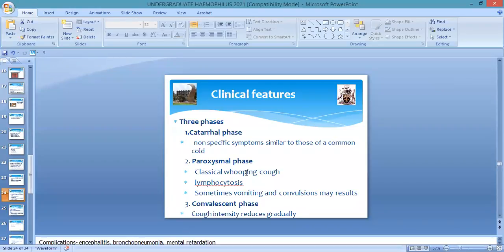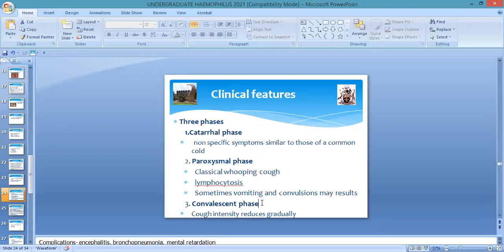And at this stage, the patient also would progress to lymphocytosis, and sometimes vomiting and convulsions may result because of the intense coughing.